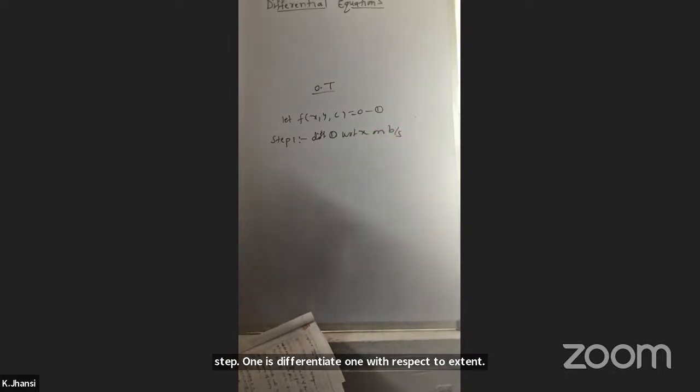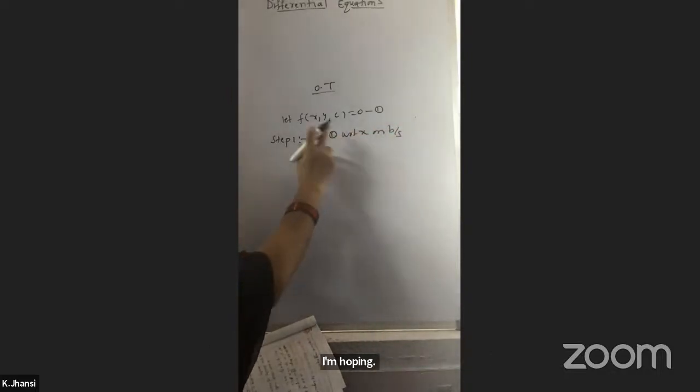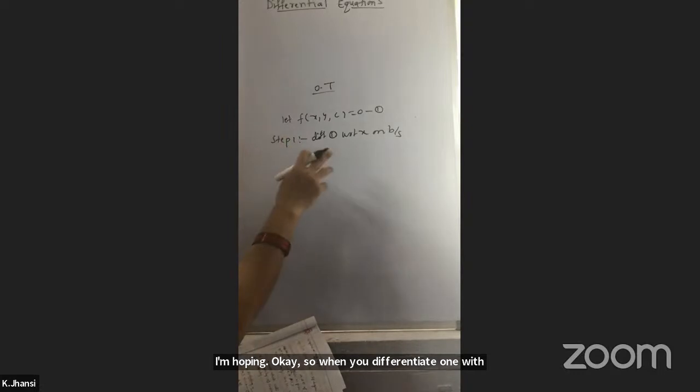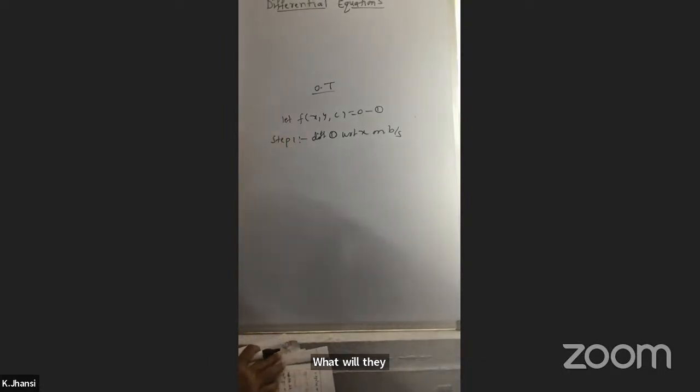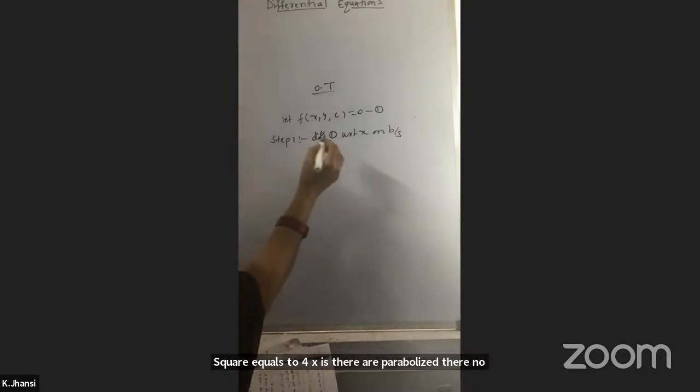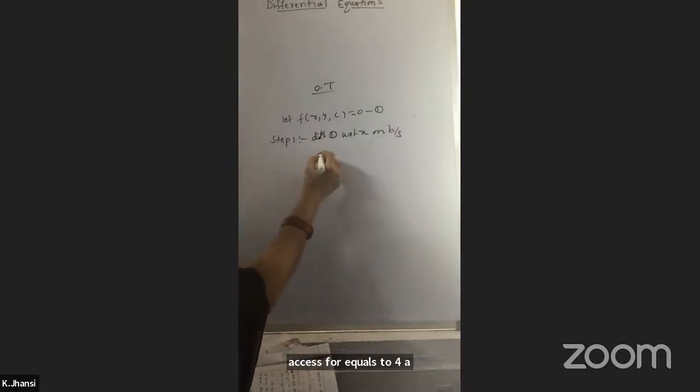When you differentiate 1 with respect to x on both sides, whether it is x square plus y square, or y square equals 4x, the parabola, or x square equals 4ay, you will always get dy by dx.